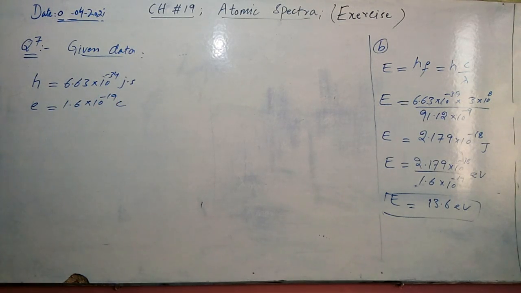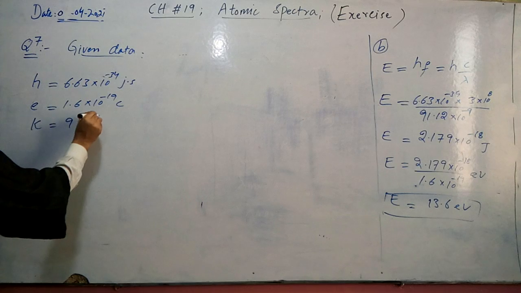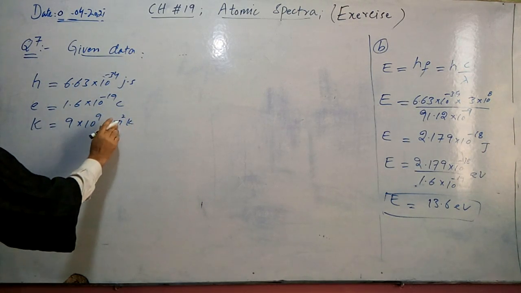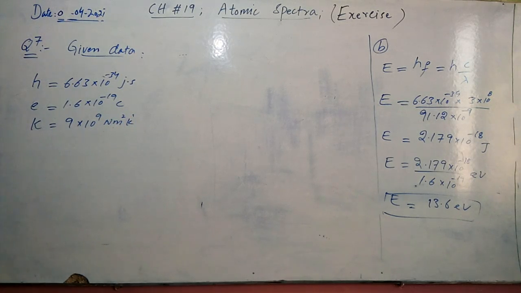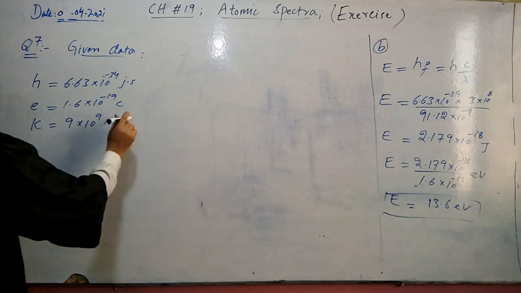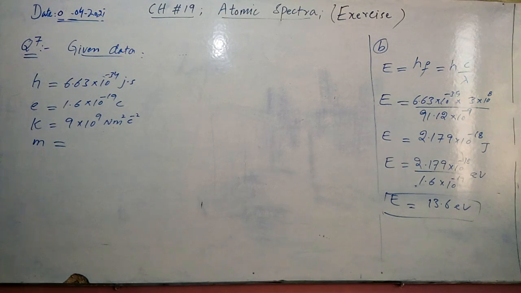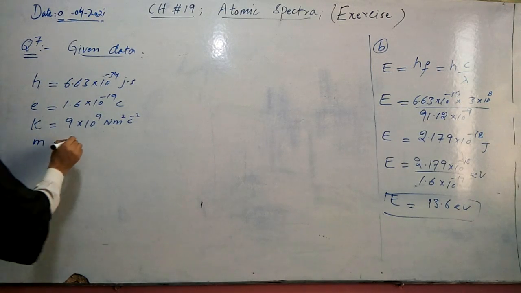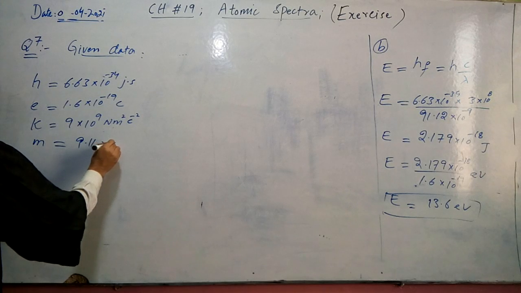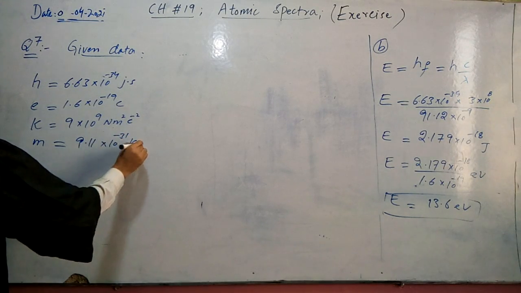The third thing we must know is the Coulomb constant K, which is equal to 9 multiplied by 10 power 9 Newton meter square per coulomb square. The fourth thing we must know is the mass of the electron, which is m equal to 9.11 multiplied by 10 power minus 31 kg.